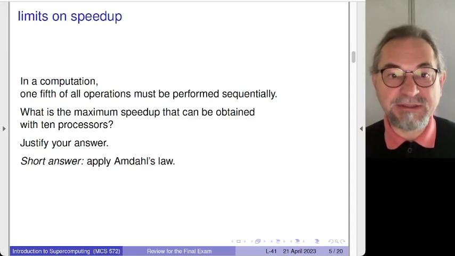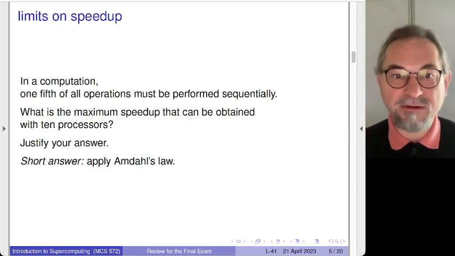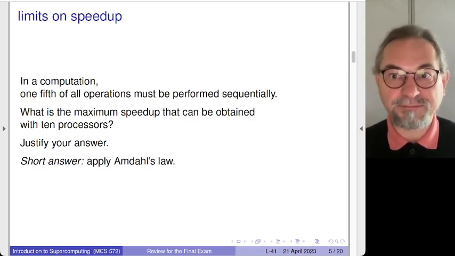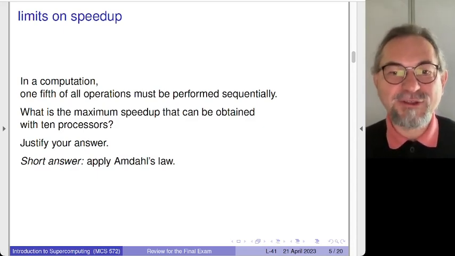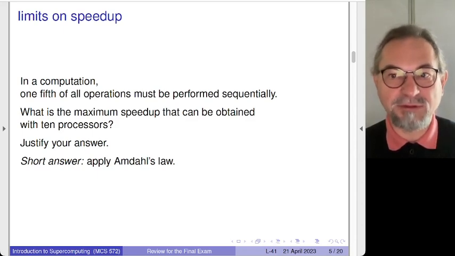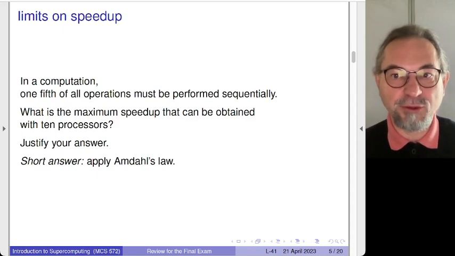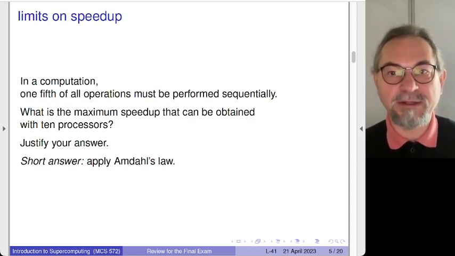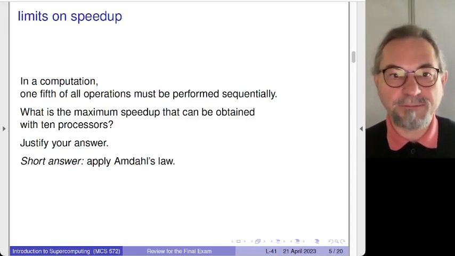So in some sense, this is a very back of the envelope computation. Amdahl's law, by the way, is wrong, as we have seen with Gustafson. But so an alternative first question on a prelim could ask you to apply Gustafson's law.